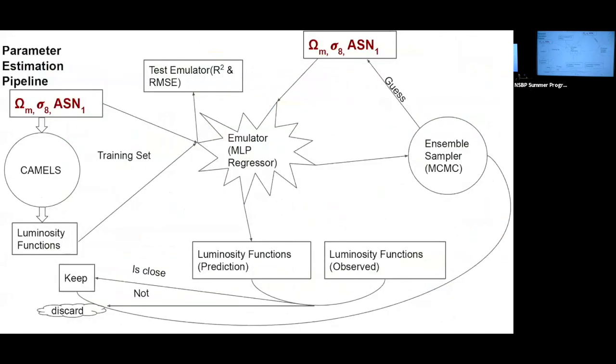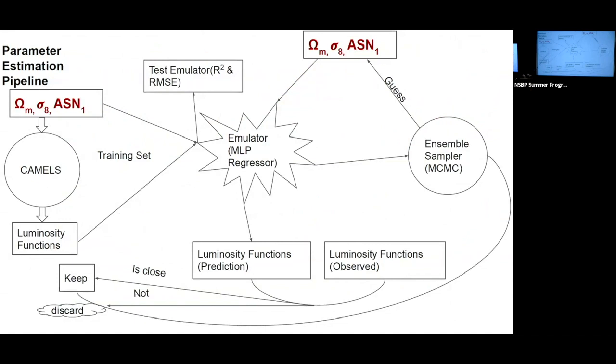So instead of using all 6 parameters, we started with the 3, and we used a machine learning model. We can't really run CAMELS on an everyday basis because it takes a lot of time; it contains hundreds of billions of data points in the simulation. It's very expensive to run. So we created a machine learning model, an emulator.